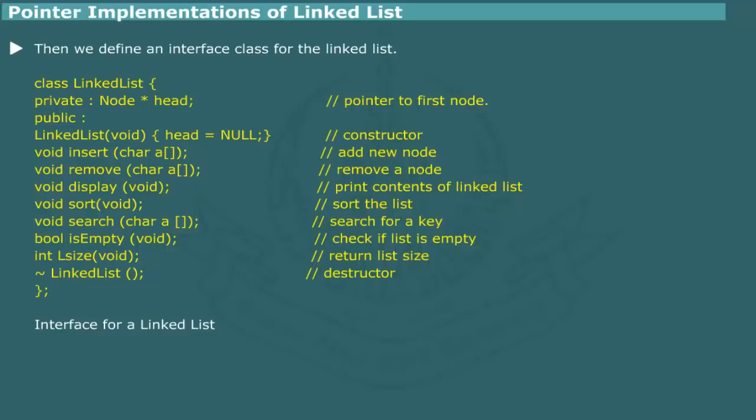In the constructor, it is initialized to null value. Linked list includes these public methods: add new node to the list, remove a node, print the contents of the list, sort the list, search the list, check if list is empty, return the size of the list.